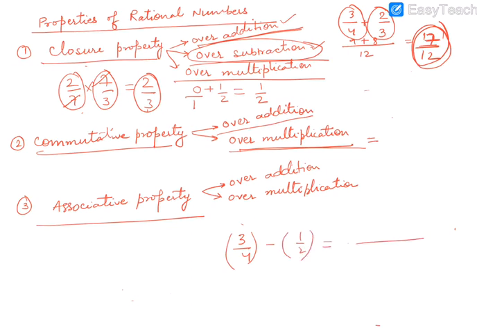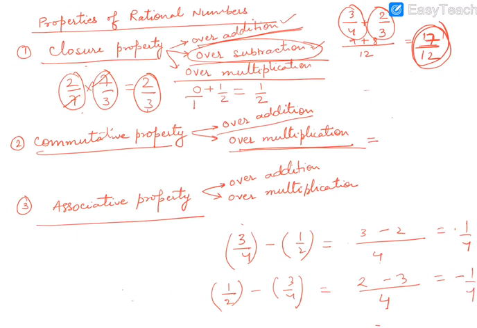I'm subtracting it. What will be the answer? LCM will be 4. 4 divided by 4, 1 time, 1 into 3, 3. 4 divided by 2, 2 times, 2 ones are 2. What you have got? 1 by 4. Now I'll change their sequence. 1 by 2, 3 by 4. Again LCM will be 4. It will be 2. What you have got? Minus 1 by 4.